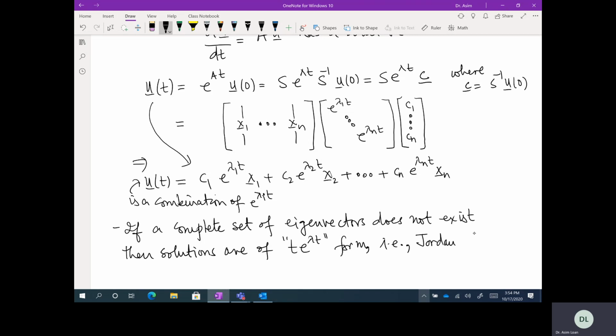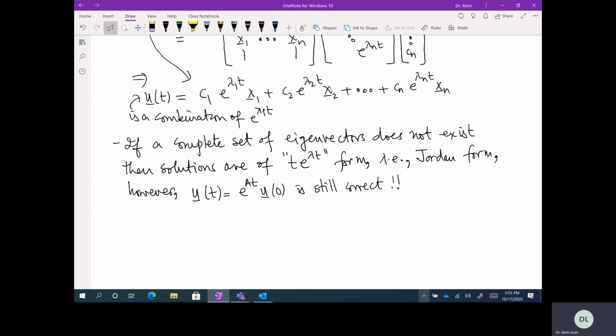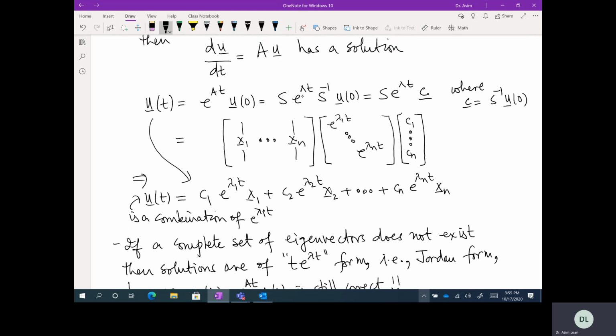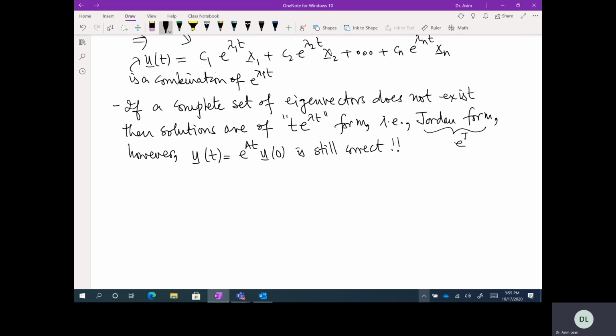That is the Jordan form. However, u(t) equals e^(At) u0 is still correct. Instead of this Λ, we have the Jordan form, e^(Jt). I can write it for you, e^(Jt).